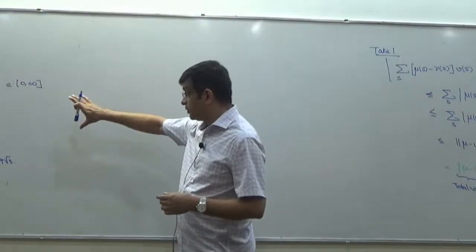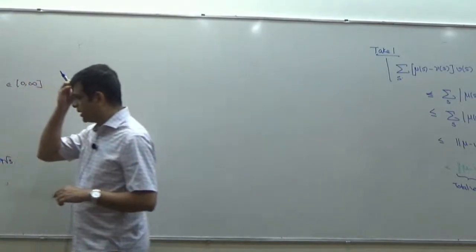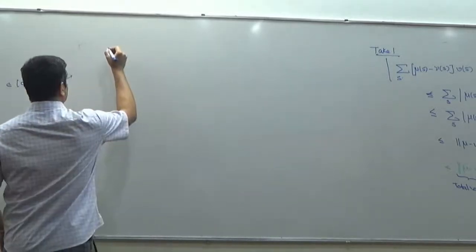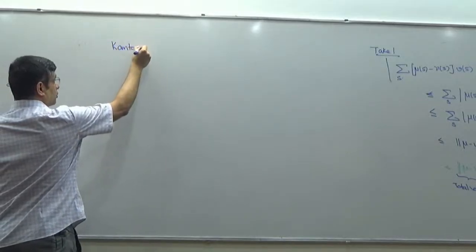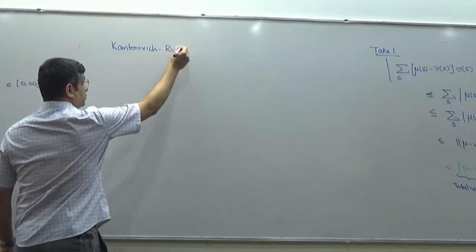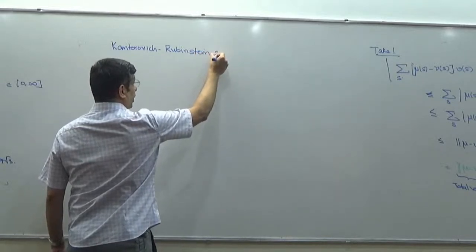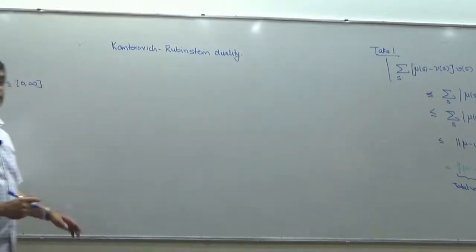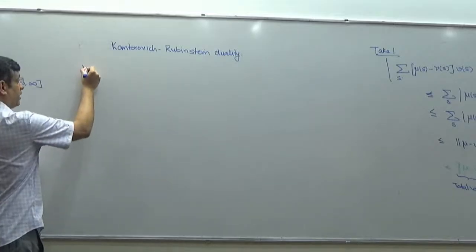The relationship between the Lipschitz constant and Wasserstein distance is a result known as Kantorovich-Rubinstein duality, which says that the primal definition of Wasserstein distance is equivalent to the following.